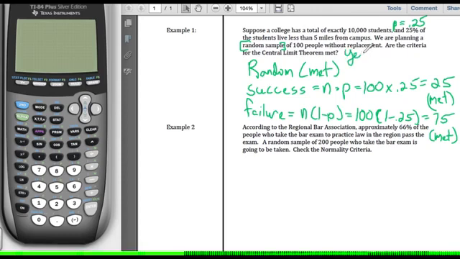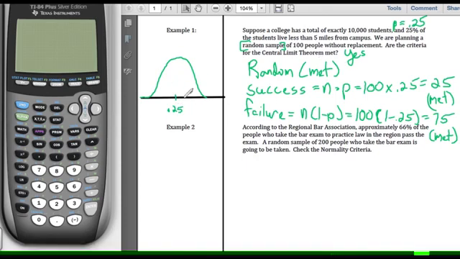I could say yes. And what that means is that our sampling distribution should be approximately normal. I'm not going to see a skewed left curve or a skewed right curve. It should be pretty much bell-shaped. And I expect P of 0.25 to be in the middle. And I could calculate the standard error and go up a couple of those and down a couple of those. And we'll do that in the next video.